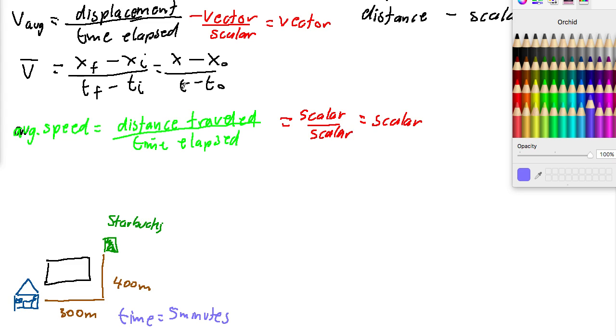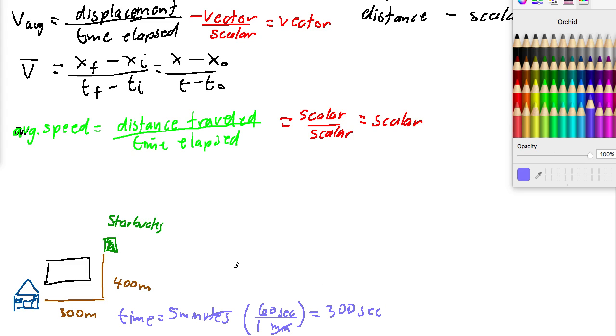Now, usually we're going to convert minutes into seconds, because the majority of the problems in physics are in meters per second. So in order to do that, we say 1 minute has 60 seconds. Minutes cancel out. And now 5 times 60 is 300 seconds.